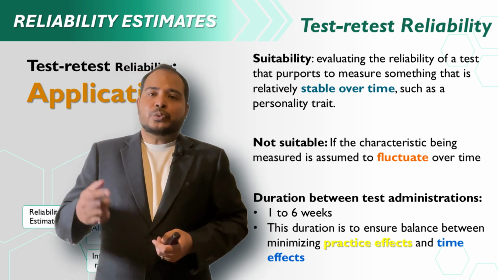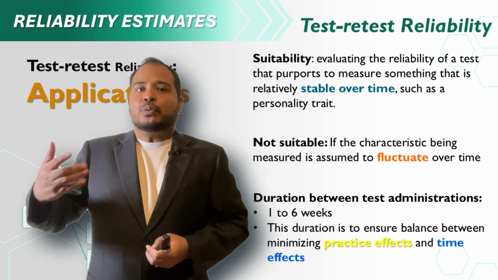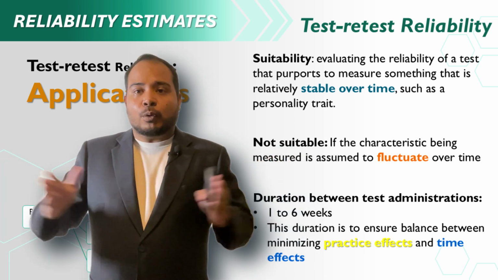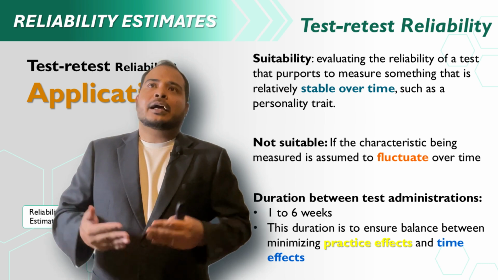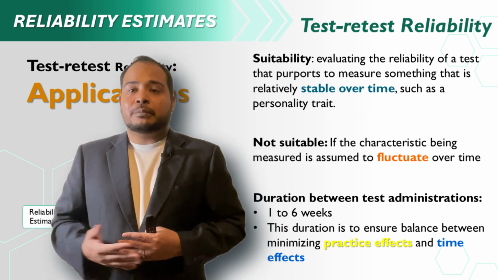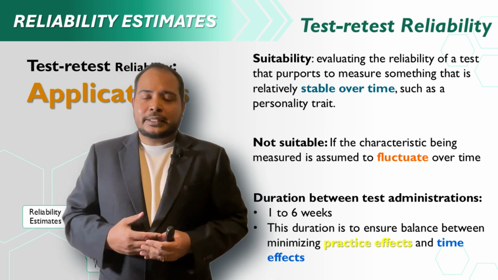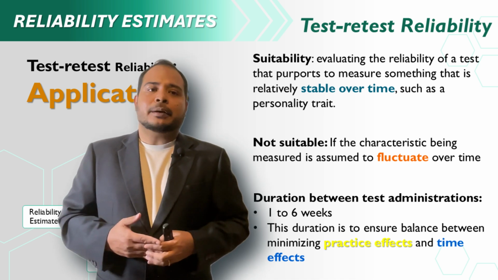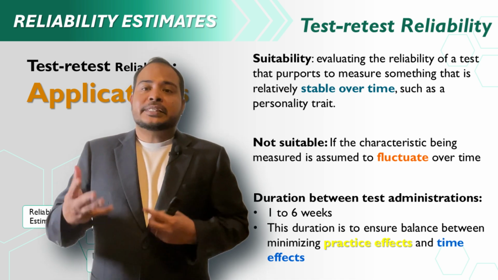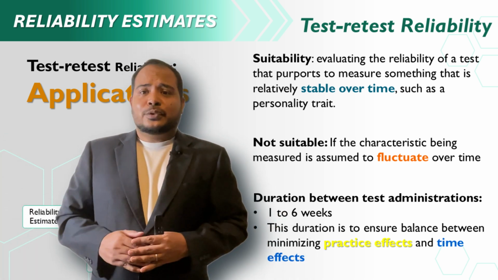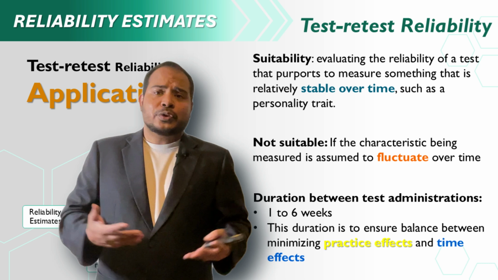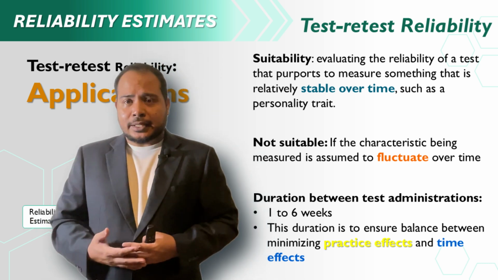However, when we extend or prolong the second administration, we might be affected by time effects. There are many things that time effect will give. For example, the personality has already changed. You take, for example, after 6 months, after 1 year, then you go for the second administration. So it's not being practical at that time.